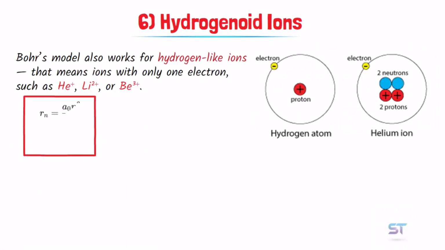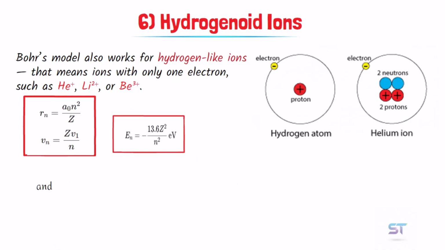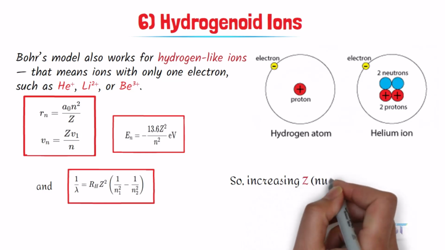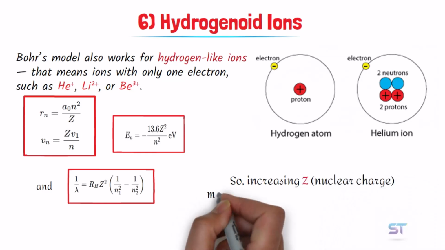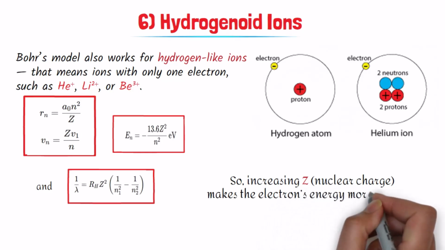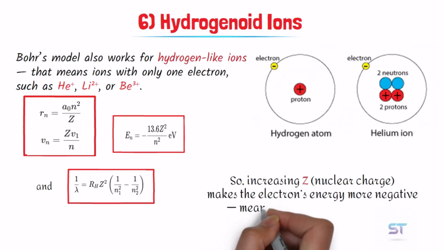In these atoms the radius is given by this relation and the speed by this relation, and the energy level by these relations, and the wave number as well, where increasing Z, the nuclear charge, makes the electron's energy more negative, meaning it's more tightly bound.